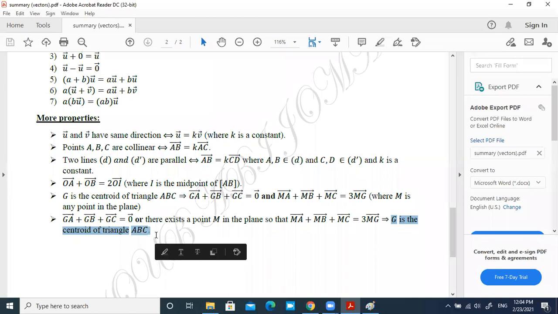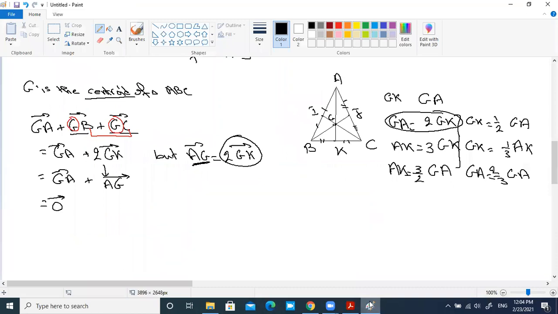If the question says prove that G is centroid, you prove GA plus GB plus GC equal to 0. If you are given that G is centroid of the triangle, then directly you can say GA plus GB plus GC equal to 0. Is that clear?